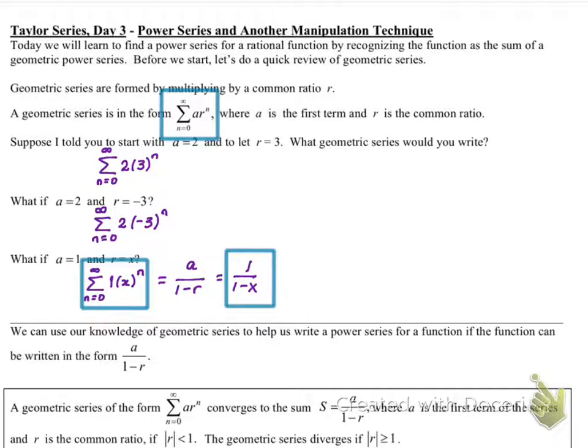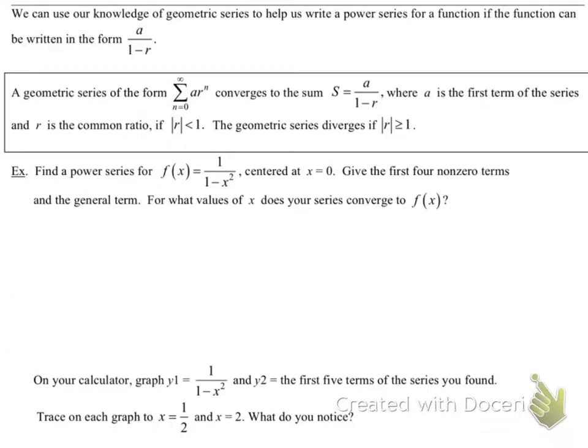If the absolute value of r is less than 1, the series converges. And the geometric series diverges if the absolute value of r is greater than or equal to 1.